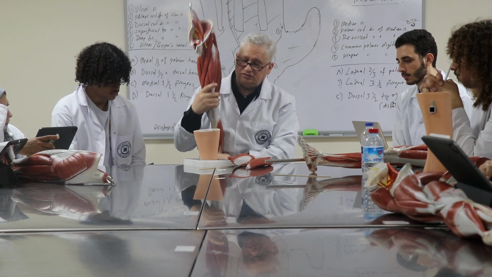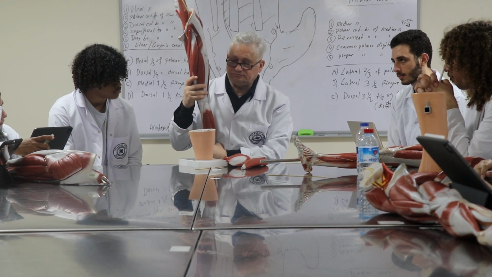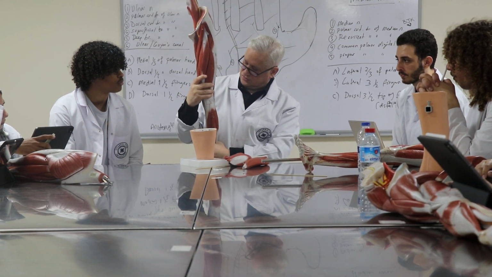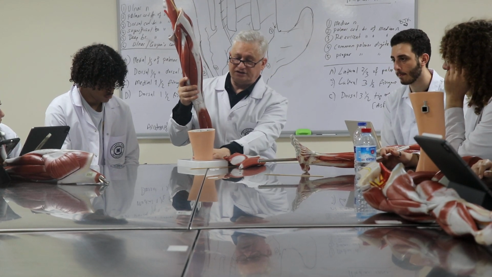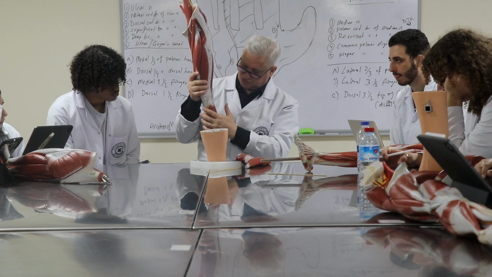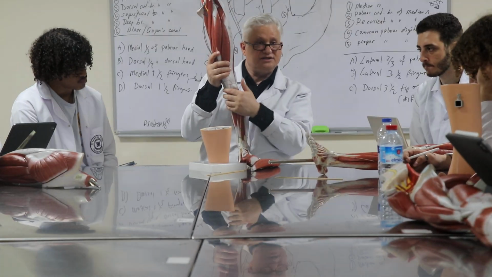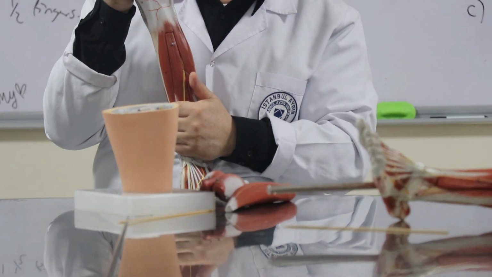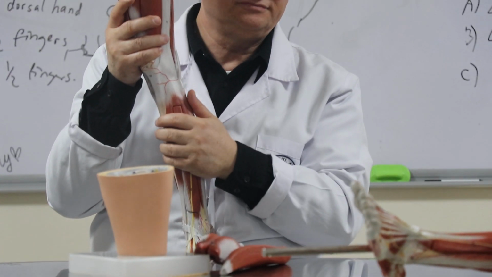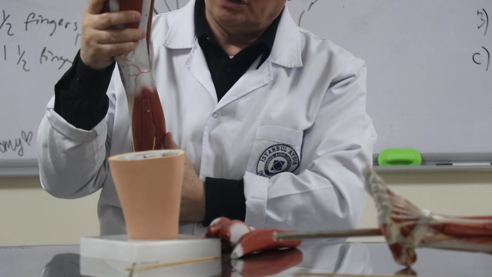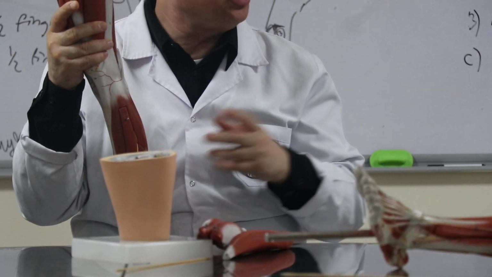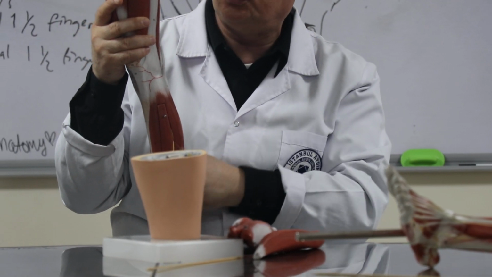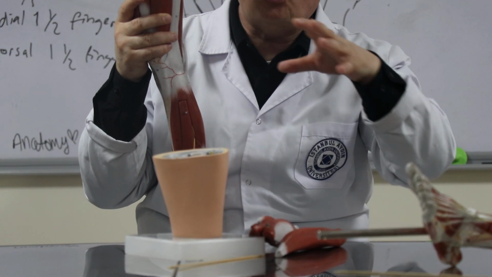So that's that. Okay, let's look at the anterior compartment muscles, right? How many muscles do we have? Four. Okay, so we're going to go into detail in these muscles, but just a very quick overview.